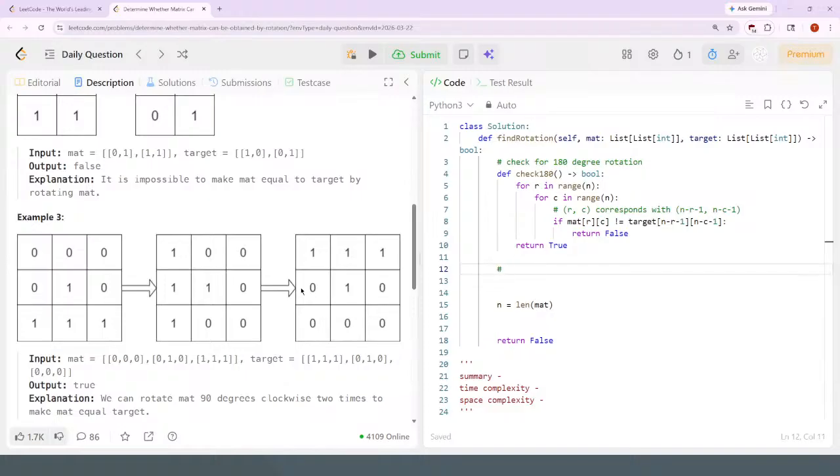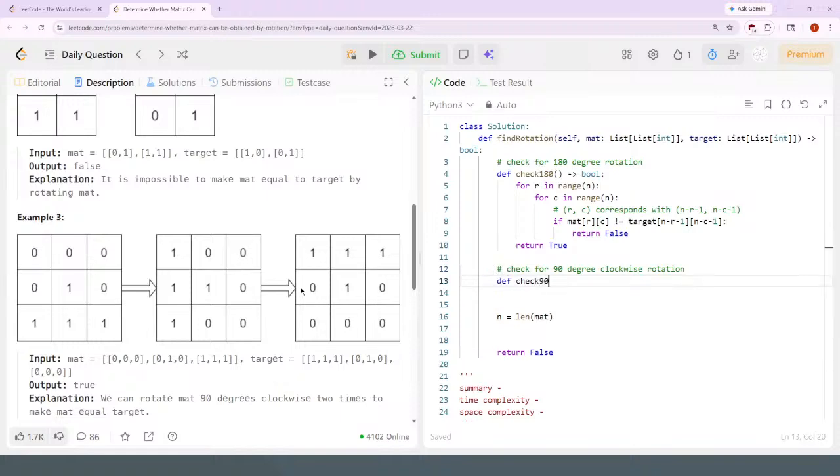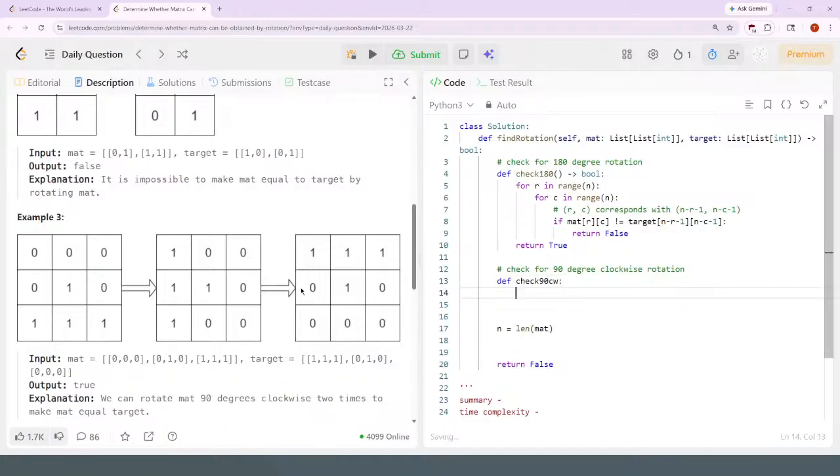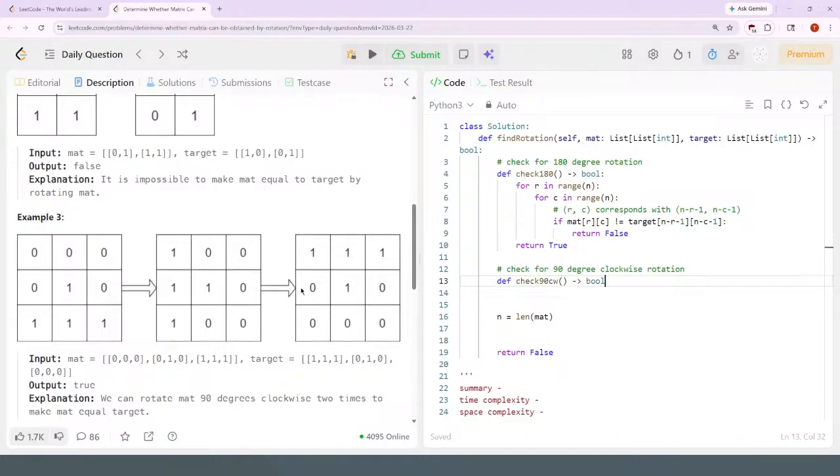And then I'll do a check for 90 degrees clockwise. 90 clockwise is CW, I think. My syntax is pretty bad. I guess that's probably fine.